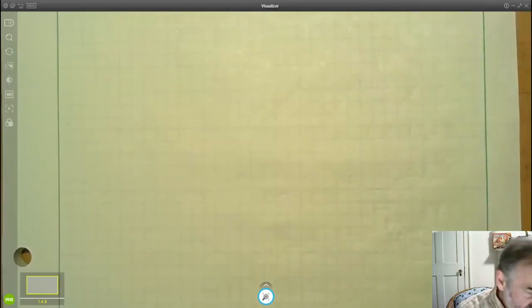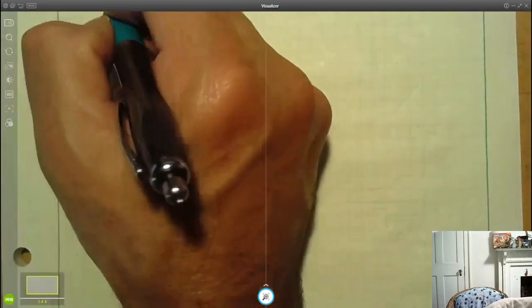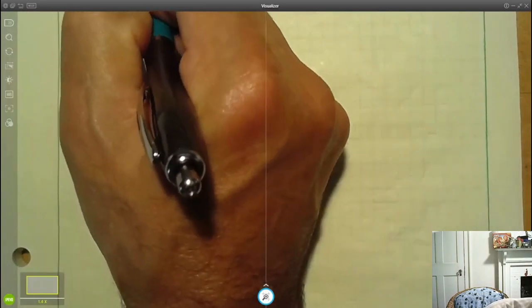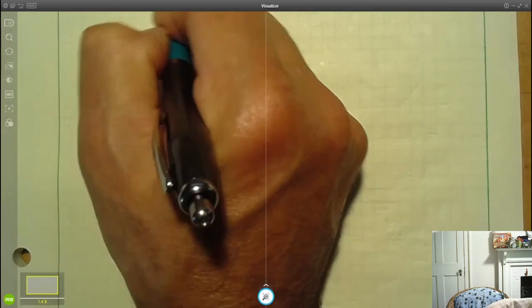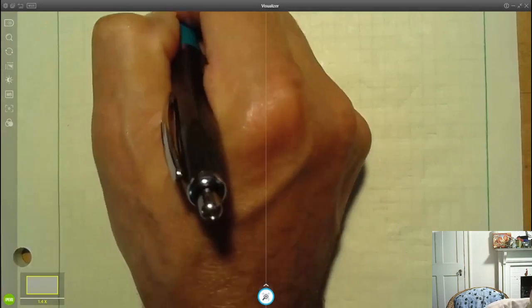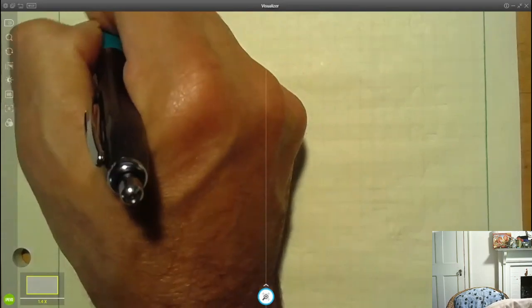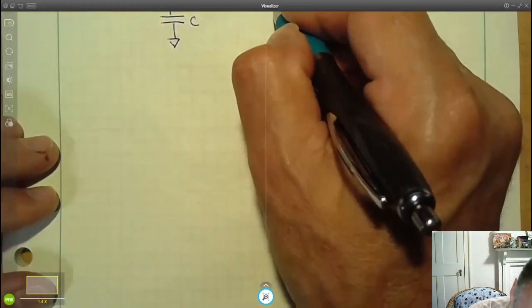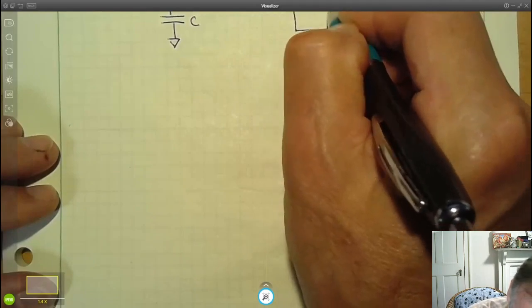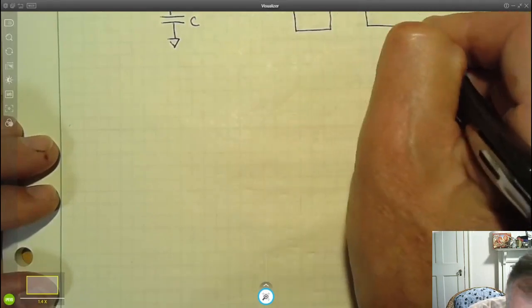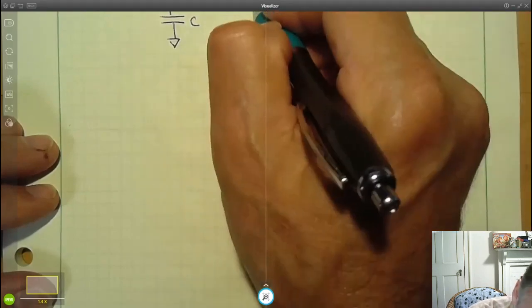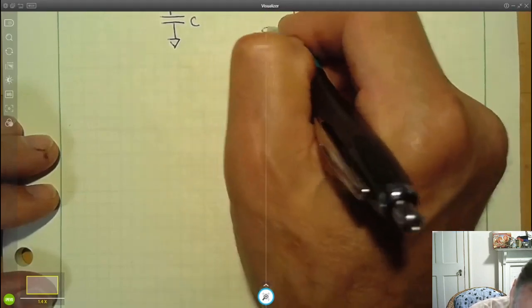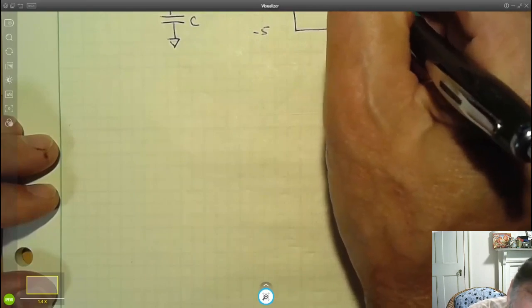Okay, so let's swap the resistor and the capacitor from the last circuit. And let's feed this circuit with an input that's plus 5 volts, minus 5 volts, and has a 50% duty cycle.